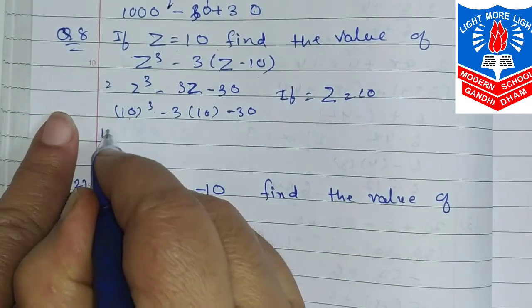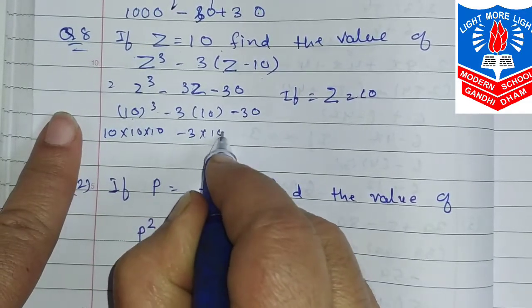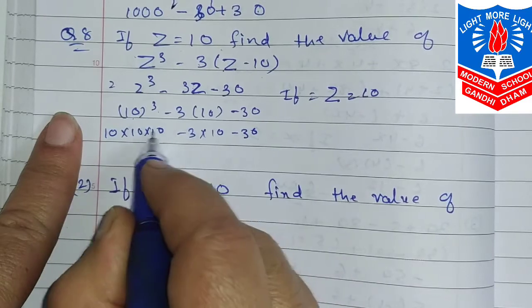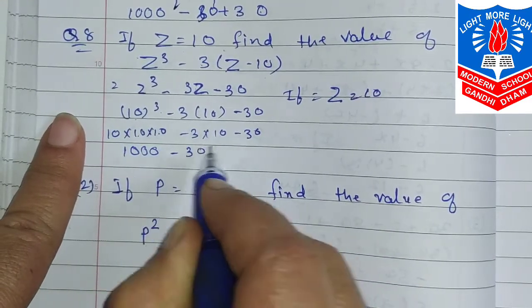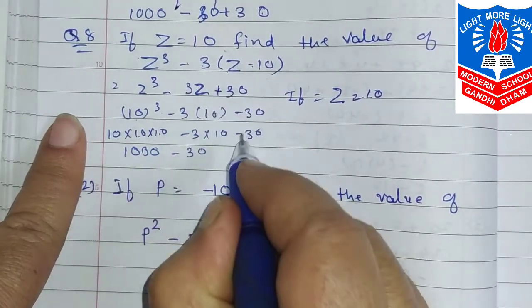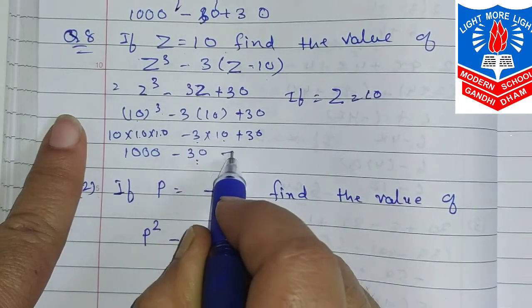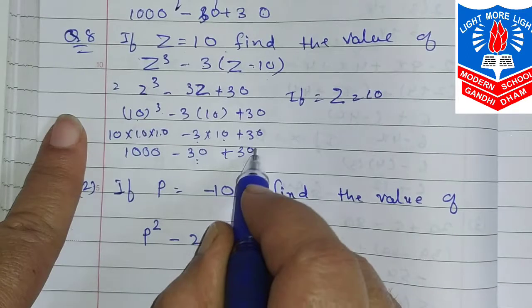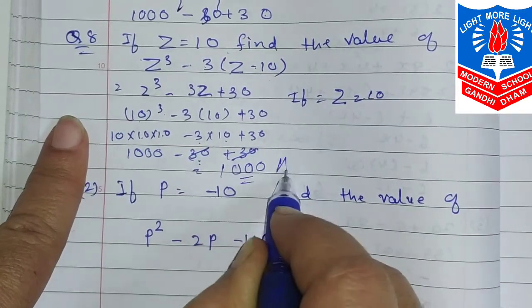So 10 into 10 into 10 minus 3 into 10 minus 30. 10 cube means 1000 minus 30, and here minus minus becomes plus 30. So 3 into 10 is 30 and plus 30. Plus minus cancel, then the answer is 1000.